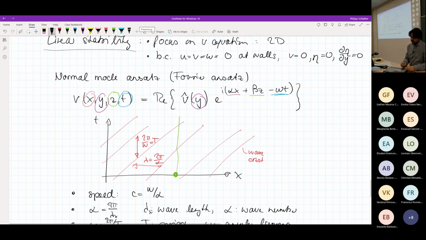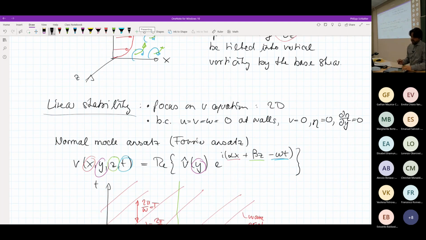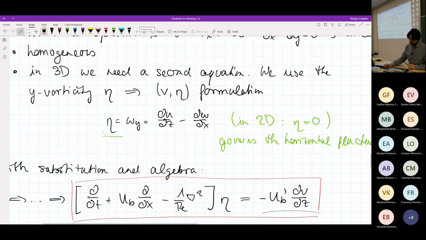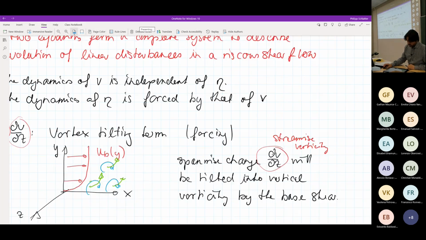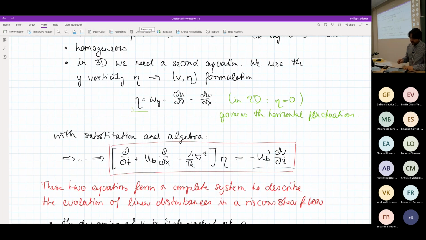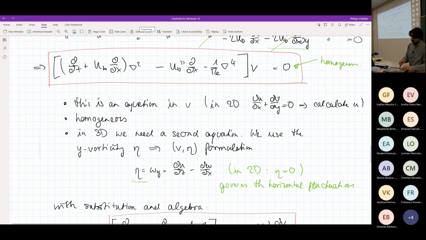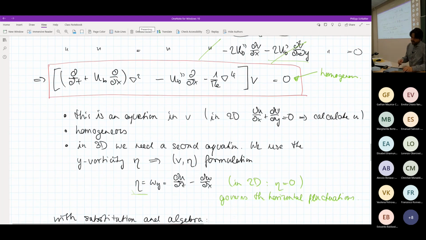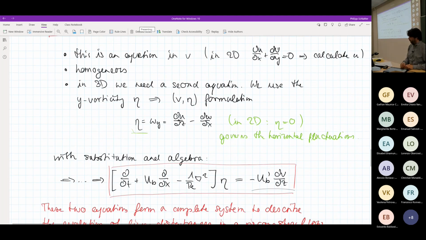I'm just taking this v here and plugging it into the v and the eta equation. I mean, the v equation, if I want to do 2D; in 3D, I would also put it into the eta equation.